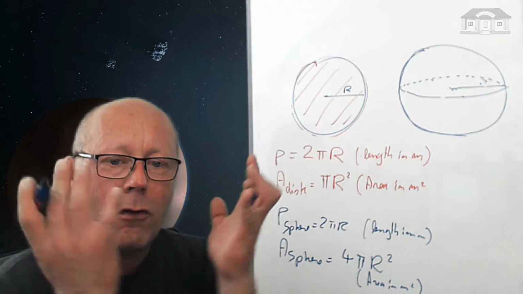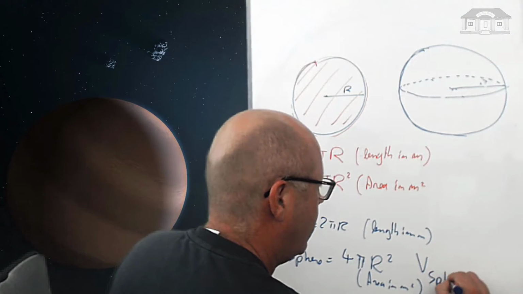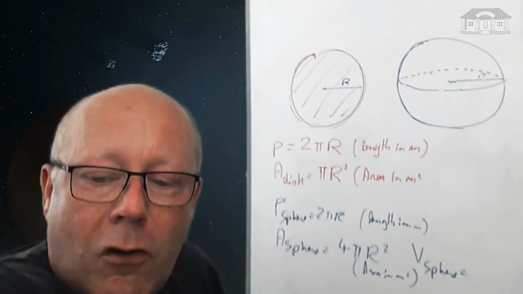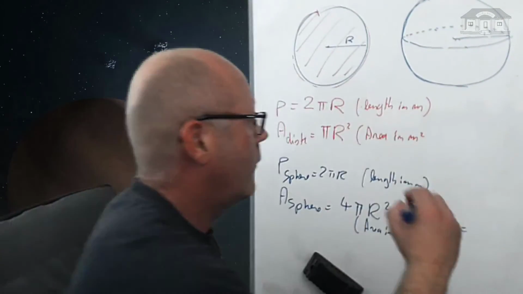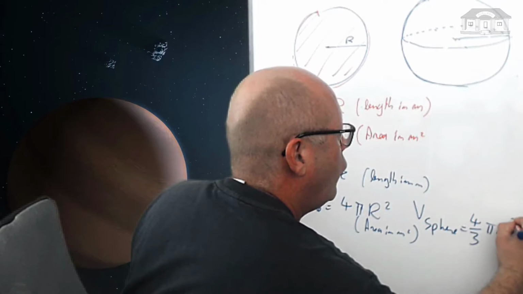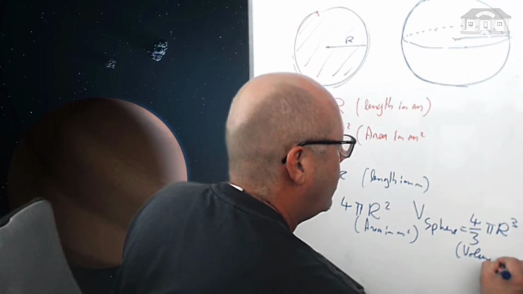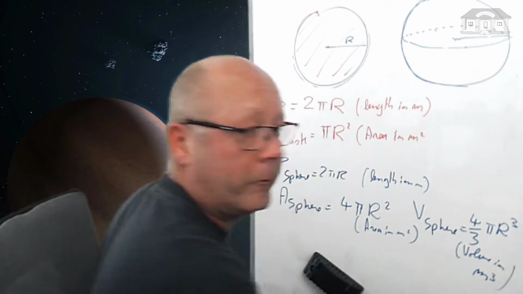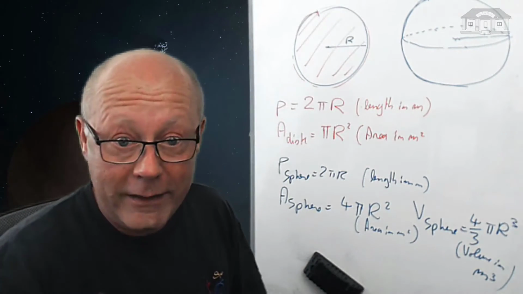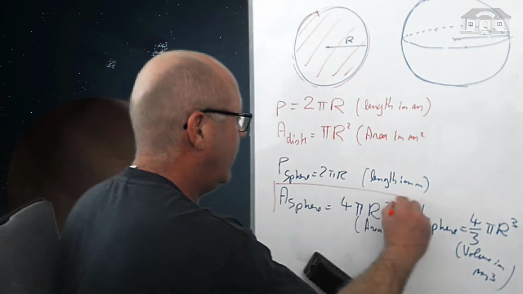The volume of the sphere, we won't need this, but I just tell you because we're there, will be 4/3 of pi r cubed. So this is a volume in meters cubed. So the formula we need for our intensity is the area one.